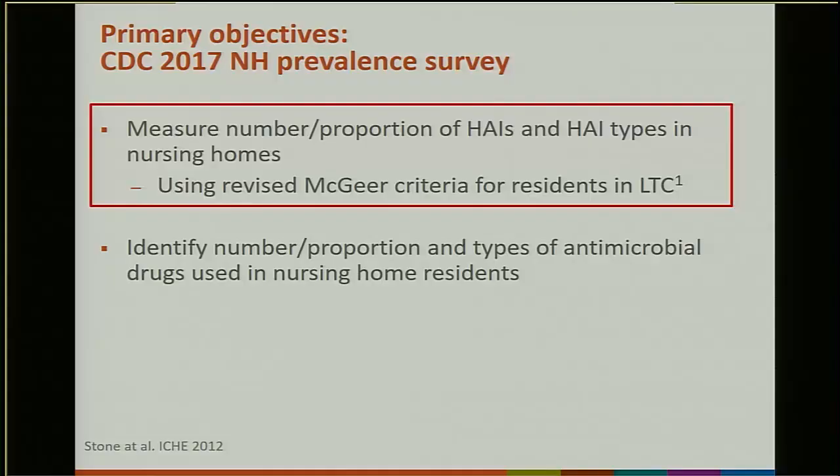I went over this yesterday, but this is just to remind you that one of the main objectives of the point prevalence survey was to measure the number and the proportion of HAIs in U.S. nursing homes and look at the distribution of the HAI types, to help answer, of all the different HAI types out there for nursing homes, which ones are most common, which ones are least common, and which ones maybe we're not focusing on and perhaps we should. And as a reminder, we did this using the revised McGeer criteria for residents in long-term care.